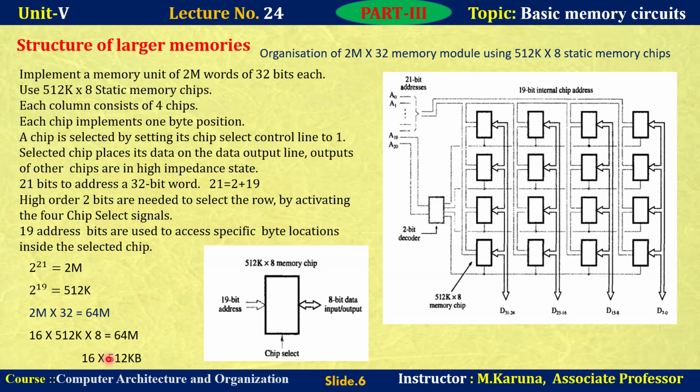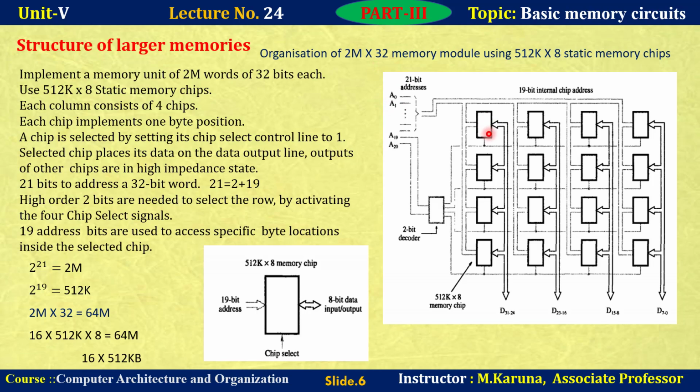The 16 512 KB chips are arranged like this: 4 rows and 4 columns, 4 by 4 equals 16. Each chip has 512K memory locations, and each location stores 8 bits. Here we need to store 32 bits.